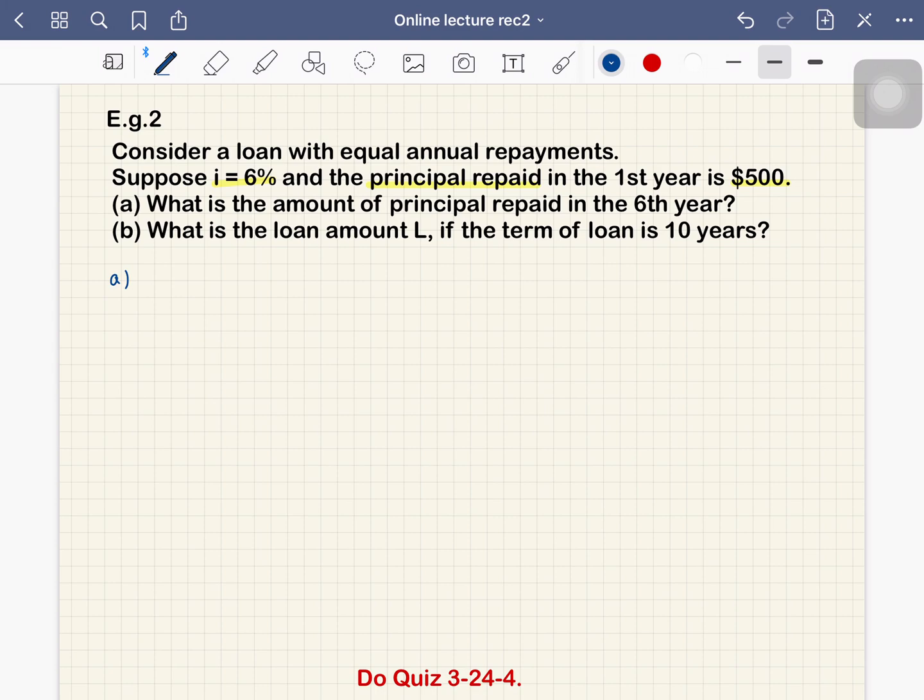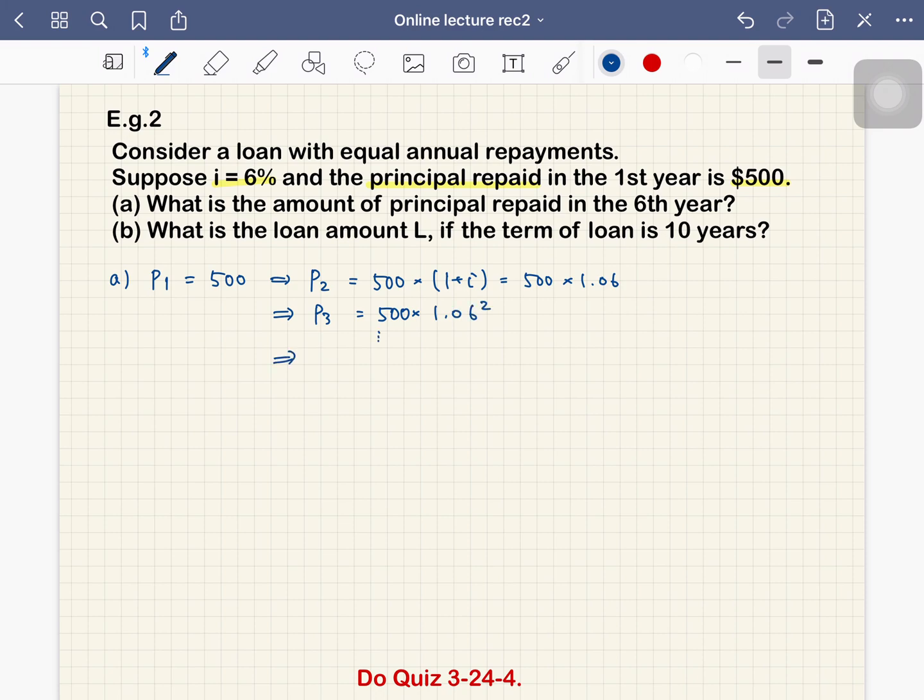By the question, the principal repaid for the first year is 500. So the principal repaid in the second year is 500 times 1 plus i, that is 500 times 1.06. In the same way, P3 is P2 times 1 plus i, so 500 times 1.06 squared.